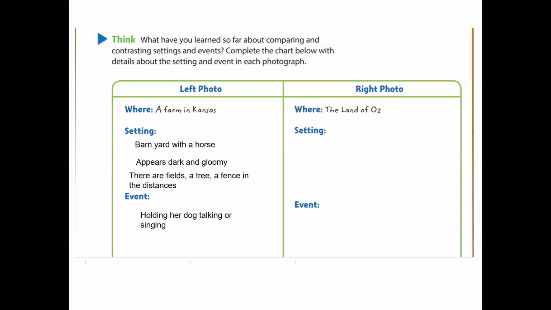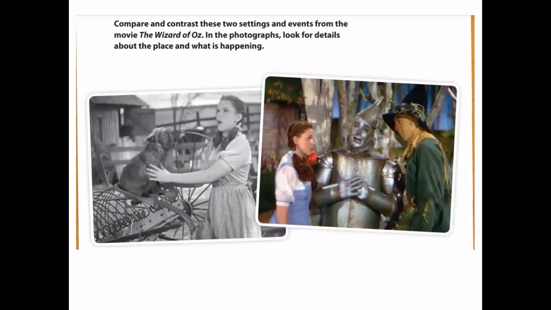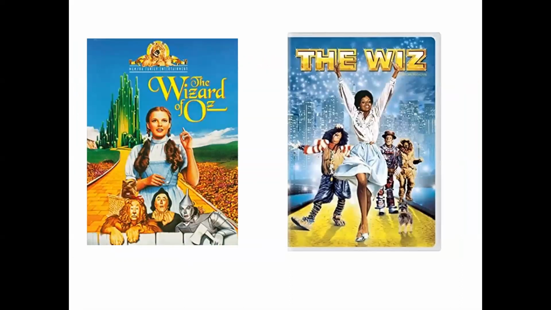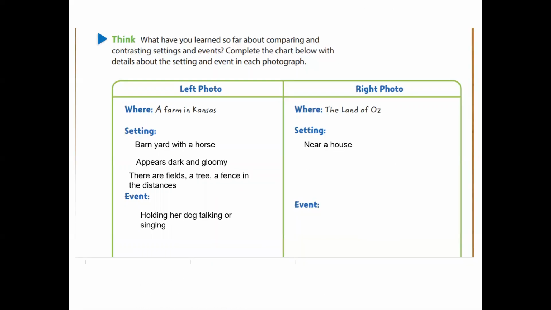So let's analyze the second picture, the picture to the right. We can see a couple of different things, right? It's obviously in color, so we can see some of those details even clearer or even better, and it speaks to us in a whole different way when we see it in color. And when we look in the back, they're standing near a house.